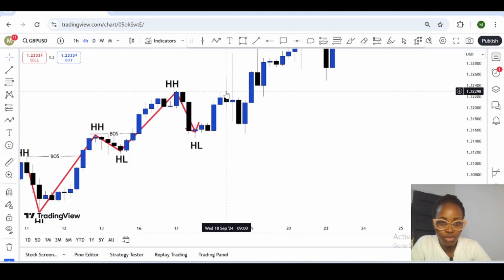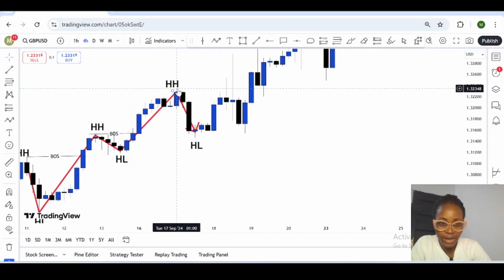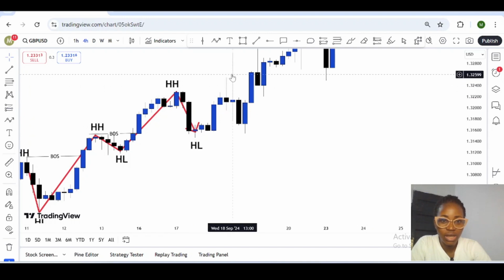It did not close with a body of a candle here. When price fails to break a higher high with a body of a candle, that particular continuation leg is a fail swing. All right, so this particular one here, you can see though this candle pushed all the way up to this point but got rejected at this point here.